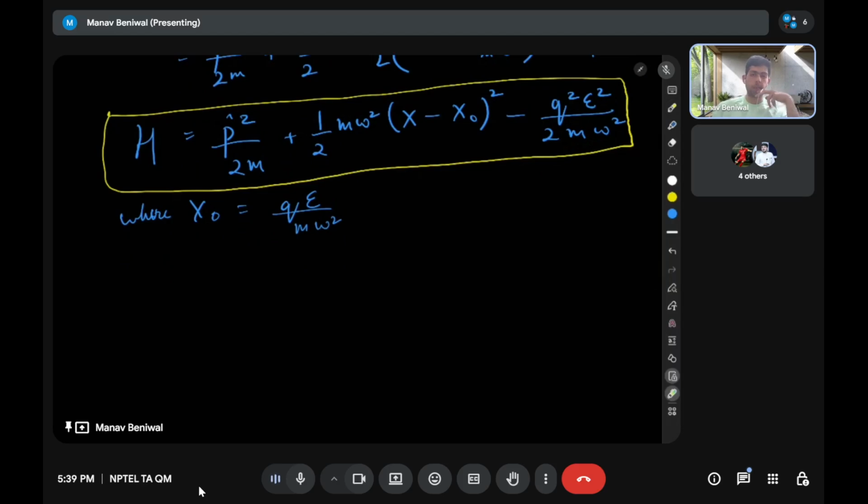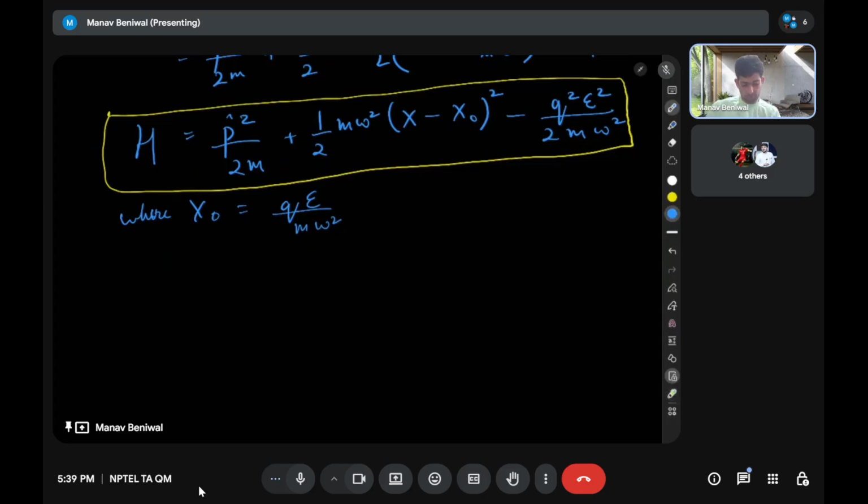This is coming because of our electric field. And this x naught means that the origin of our harmonic oscillator is now shifted. This is a parabolic equation, and instead of x, now we have x minus x naught, where x naught is qE upon m omega squared.